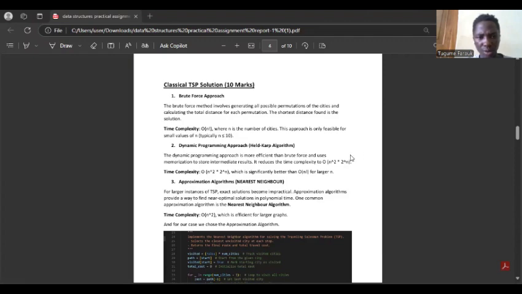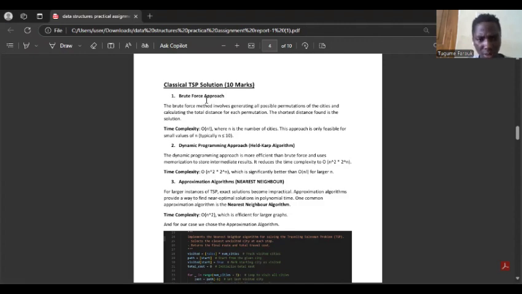In this presentation, we'll take you through the algorithm choice, the implementation and the results. However, let me first share the screen.